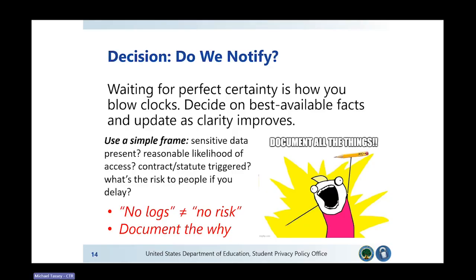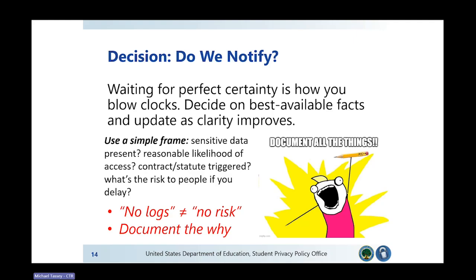And the biggest way you can make these decisions quickly is to sketch how your notification decision tree looks, right? If sensitive elements are likely exposed, prepare notices now while forensics continue. If uncertain, draft a notice and stage lists or a call center and set a 24-hour reevaluation.